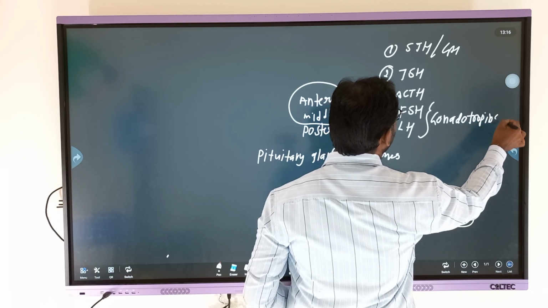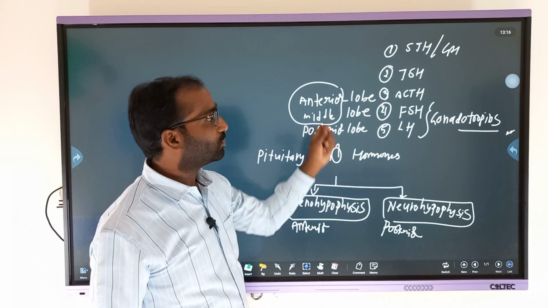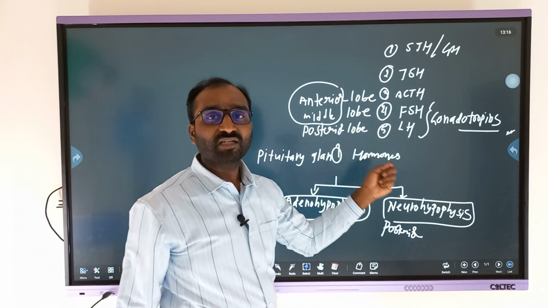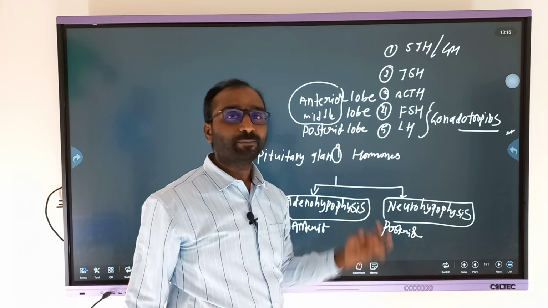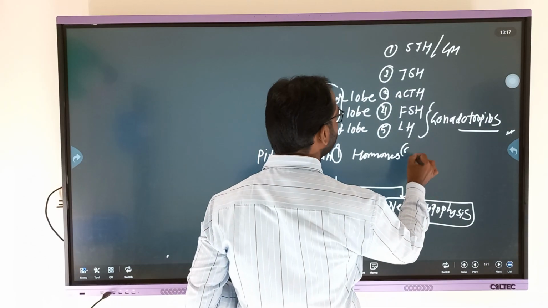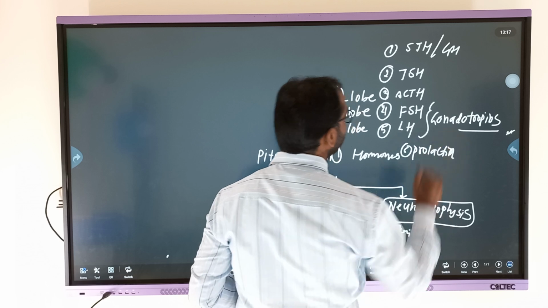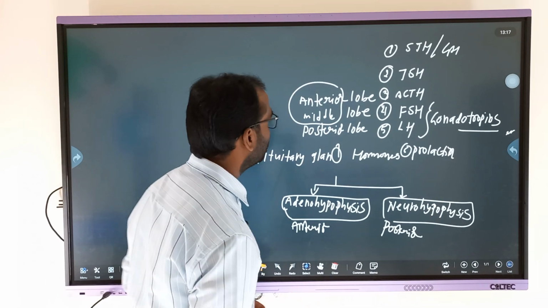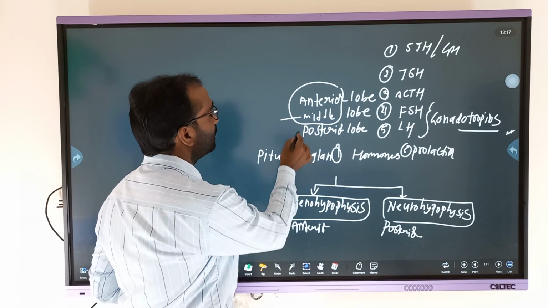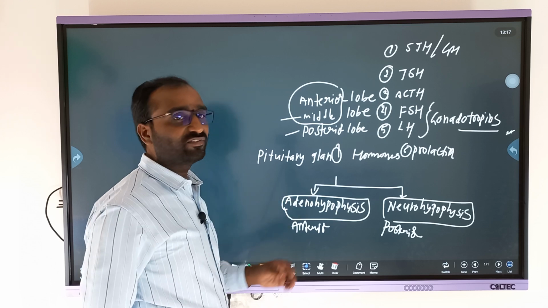FSH and LH are generally considered gonadotropins. Here also see tropin, TROPI. Gonadotropins means these hormones stimulate the reproductive organs, which are the gonads. The next one is prolactin. Then from the middle lobe and the neurohypophysis, the posterior lobe, different hormones.